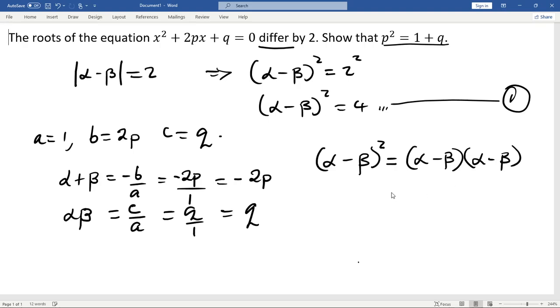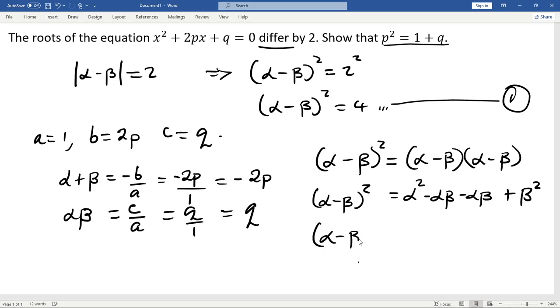Expanding, alpha times alpha gives alpha squared, alpha times negative beta gives negative alpha beta, negative beta times alpha gives negative alpha beta, and negative beta times negative beta gives positive beta squared. So alpha minus beta squared is equal to alpha squared plus beta squared minus 2 alpha beta.